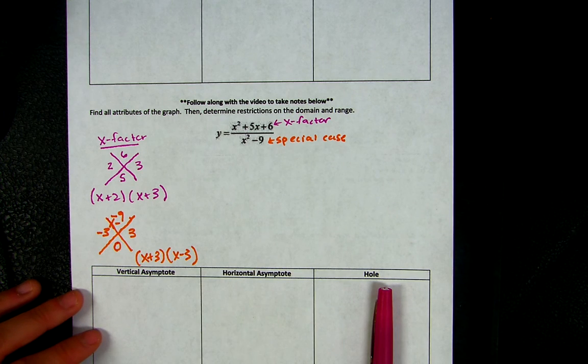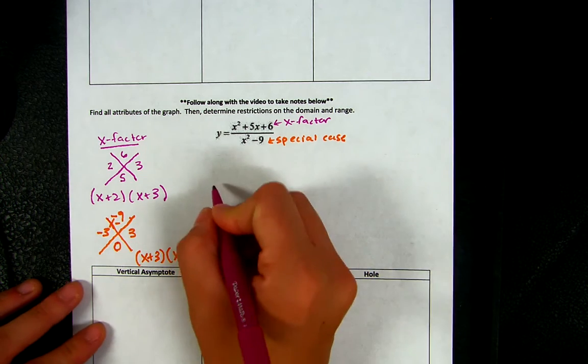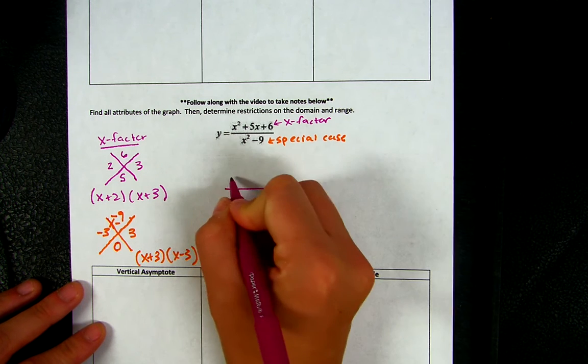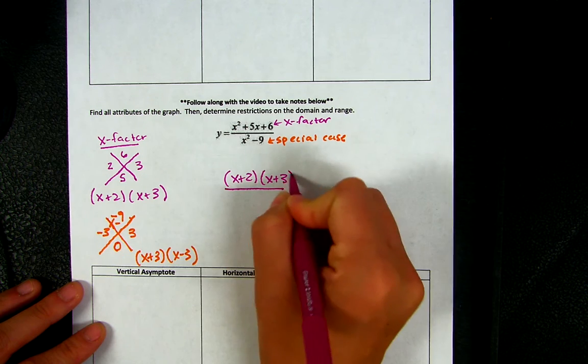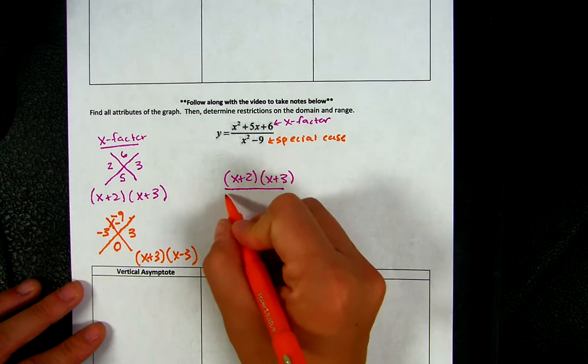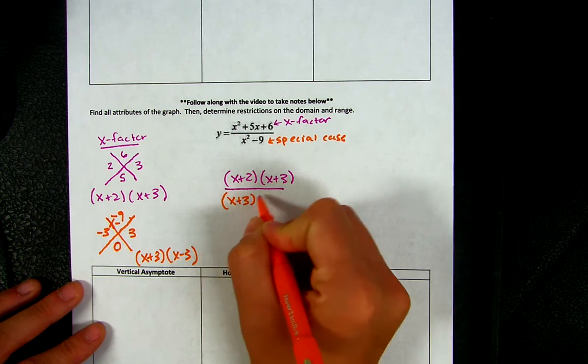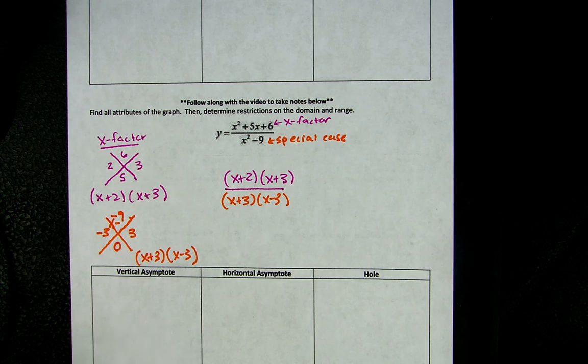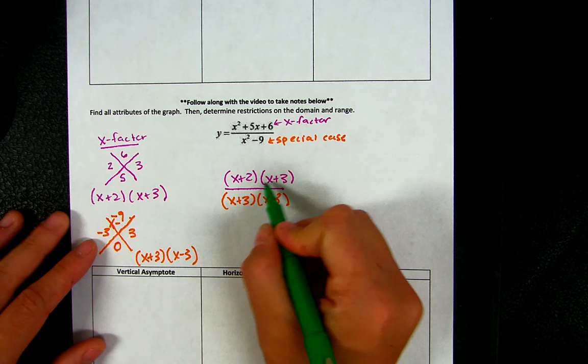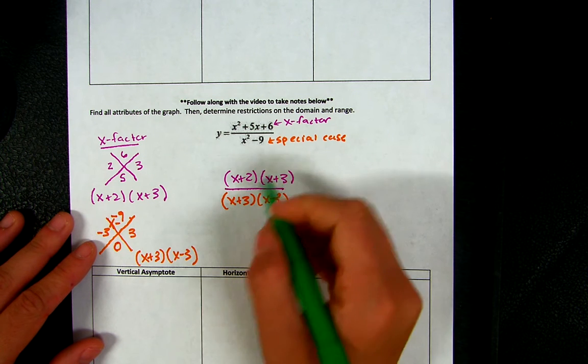So I'm going to put those back into a fraction and see what cancels. If I have x plus 2 and x plus 3 in the top as my two factors, and x plus 3 and x minus 3 in the bottom, I can see that there's an x plus 3 in the top and one in the bottom.